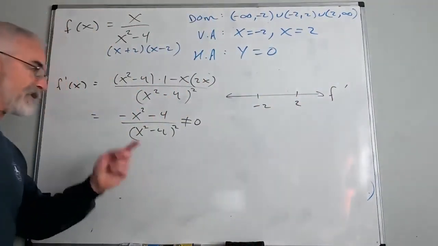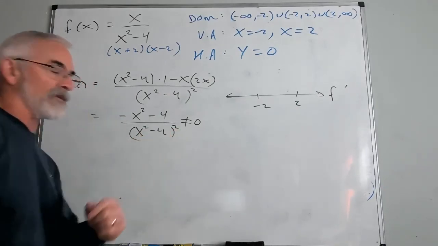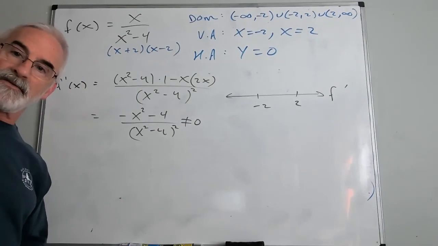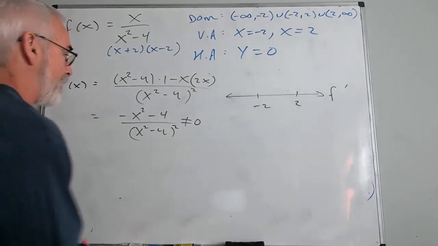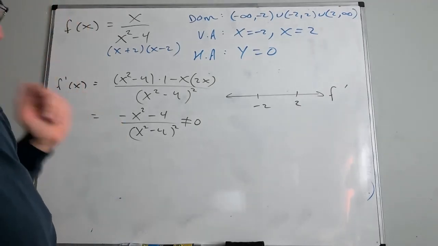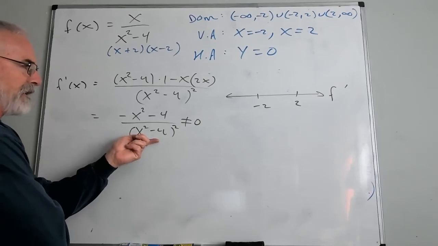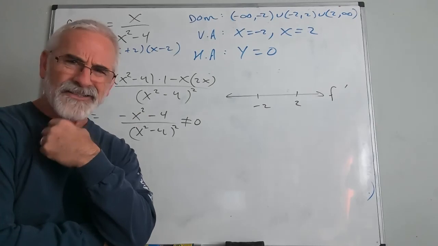Now, first of all, notice the denominator, no matter what's in there, I'm squaring it. So the denominator is always positive where it's defined, where it's not, right? It's positive everywhere. So now if I take a hugely negative x, oh, wait a minute, I don't really need to. My denominator is always positive, and tell me about my numerator, -x squared minus 4. Isn't that always negative?